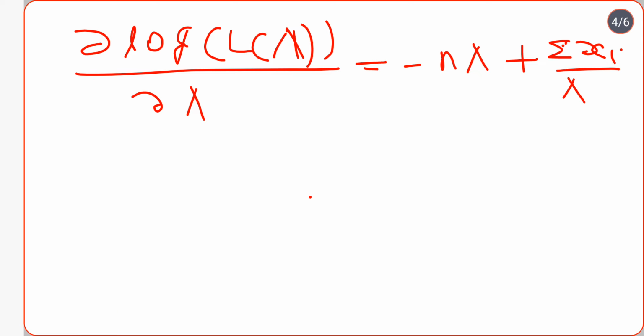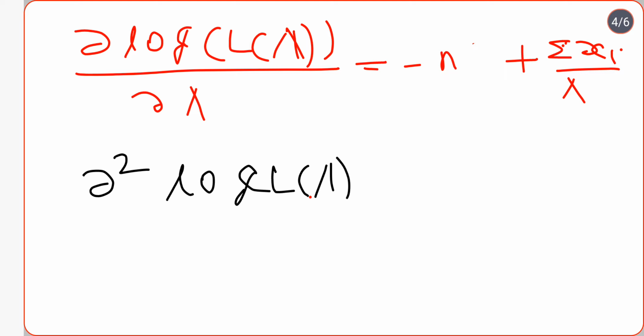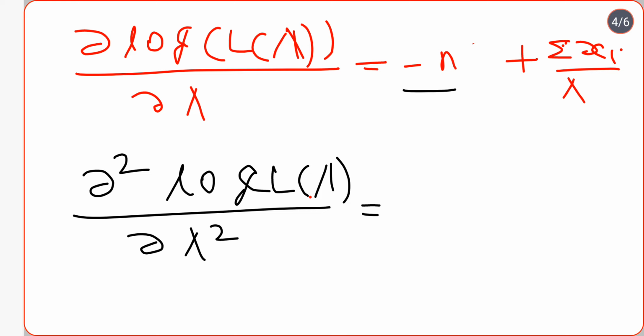Sorry, it is minus n only. Okay, now if we do the second order derivative of this function, then it will be del square log L of lambda divided by del lambda square. So minus n is a constant, so it will be 0 if we do the derivative with respect to lambda.